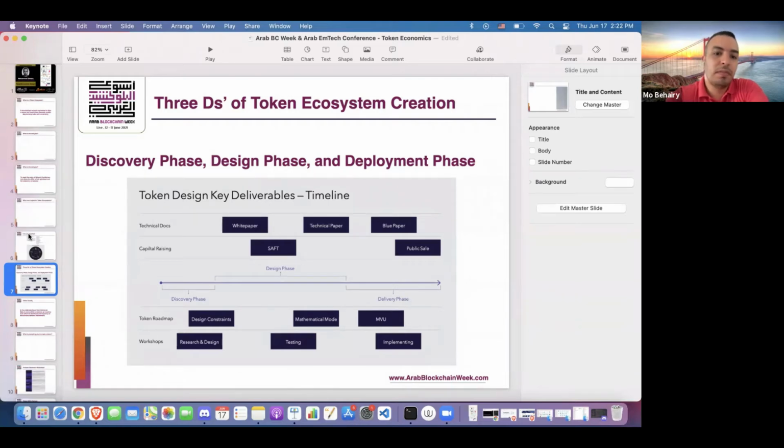In the graph here, we basically have the deliverables, timeline, some documents that would be good to create, capital raising, the token itself, what research needs to happen, and implementation and testing, and so on. I will give some examples of stuff I did for some of these steps. But this is just to mimic agile or design thinking, specifically for token ecosystems creation.